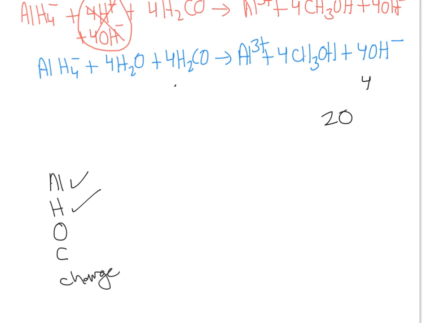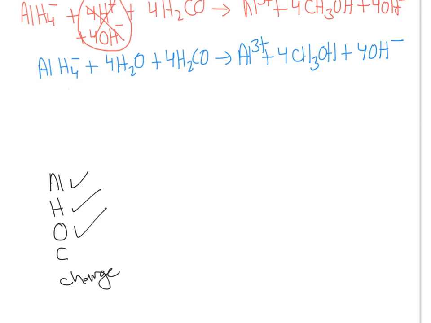Okay, let's move on to the oxygen. So for the oxygen we have 4 here for a total of 8. Right here we have 4 and 4 for a total of 8, so that checks. So the oxygens are good. Let's look at the carbons.